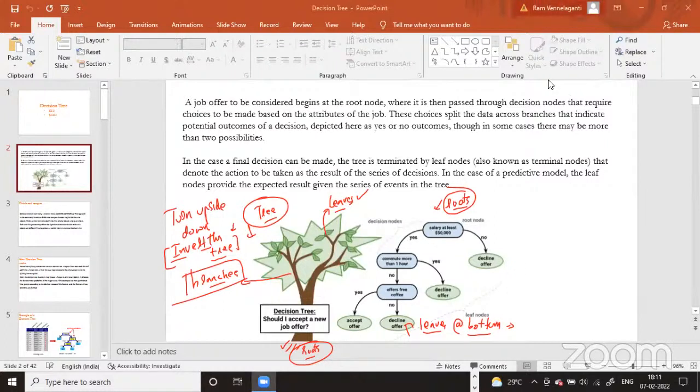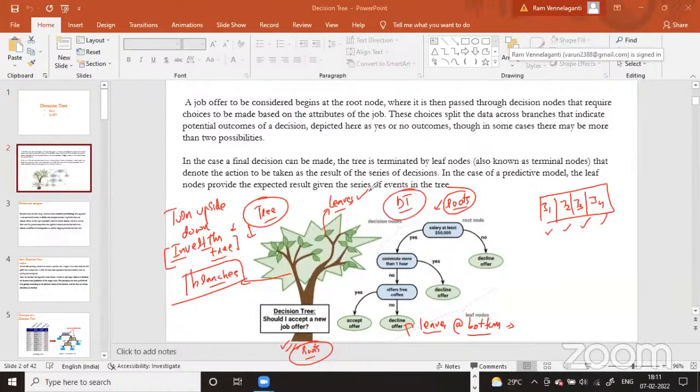Now, for example, you have 4 job offers, J1, J2, J3, J4. We have to decide which job offer we are going to accept using this decision tree.